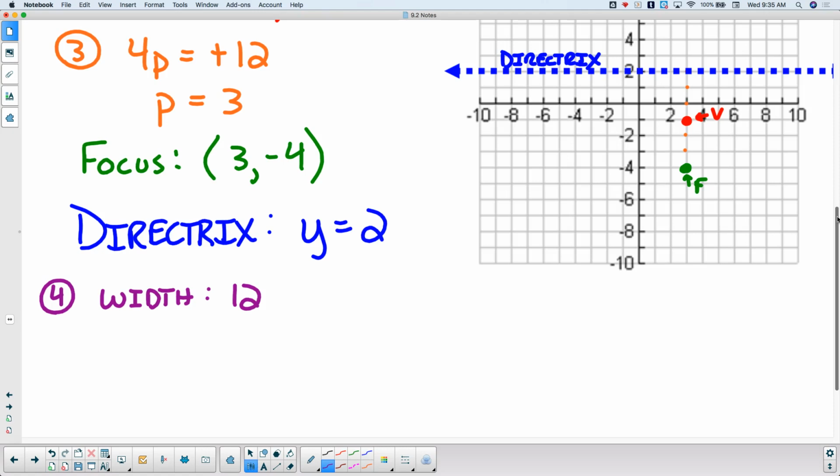So I'm going to go 1, 2, 3, 4, 5, 6. 1, 2, 3, 4, 5, 6. So that entire width through the focus is 4p. You understand that? It's not 12 in each direction. It's 12 total. So it's 6 in each direction.